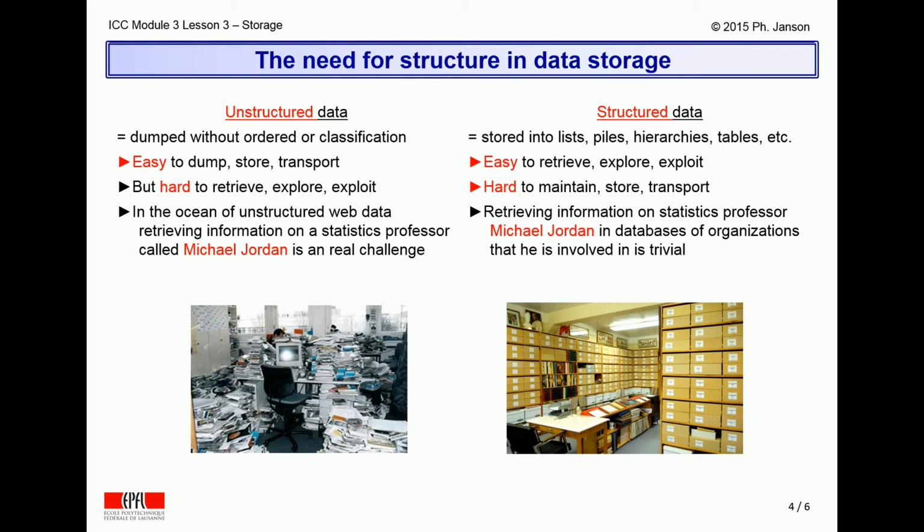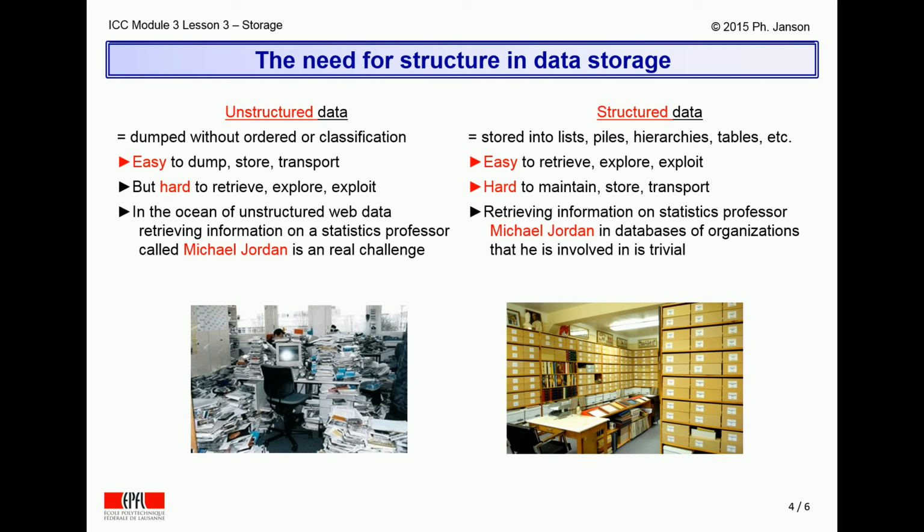In spite of all such efforts, retrieving and exploring unstructured documents is never as easy as doing the same on structured documents. Trying to find information about a statistics professor called Michael Jordan on Google is impossible because he's of course totally overshadowed by his namesake basketball star and will not even show up in the top 10 Google responses.